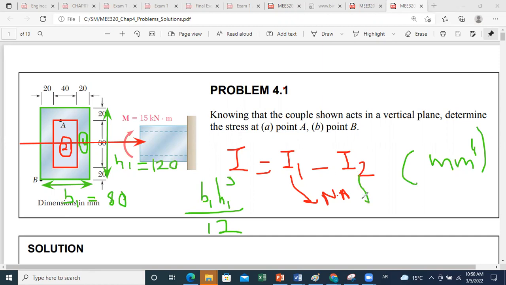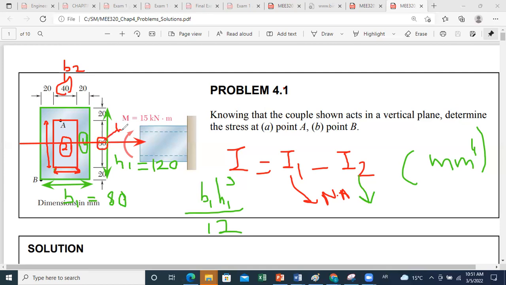Now for I2, you have to take, this is B2. B2 is just equal to 40. And H2 is like this, okay? H2 is equal to 80. So 80 is H2.